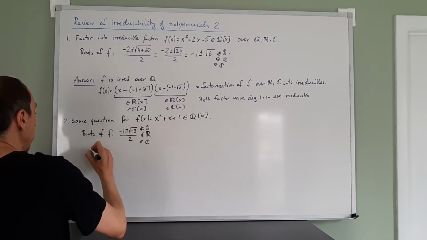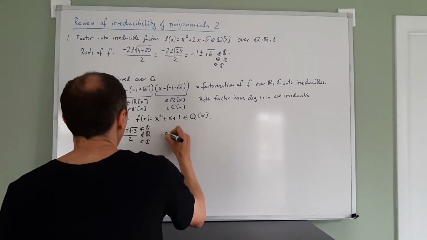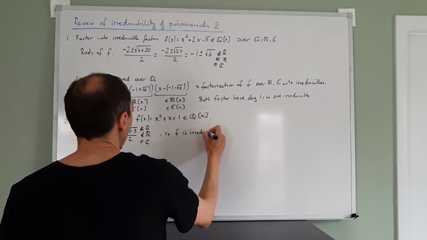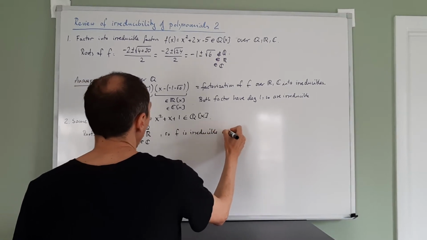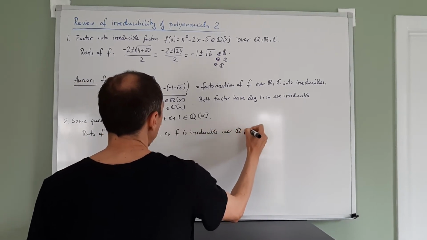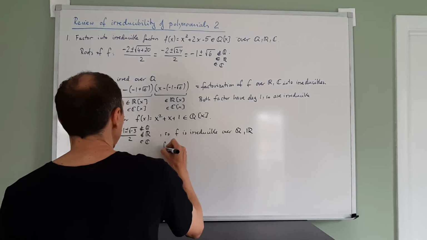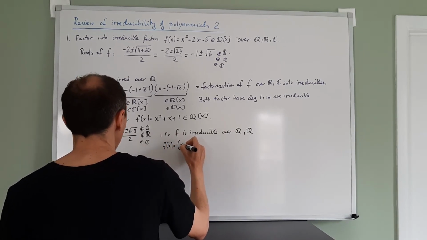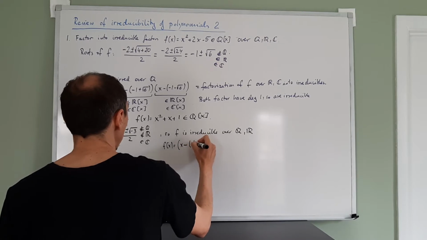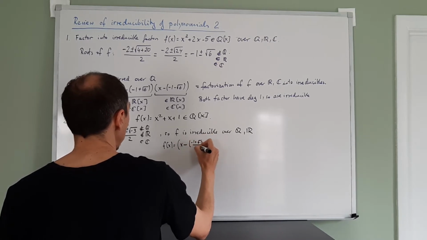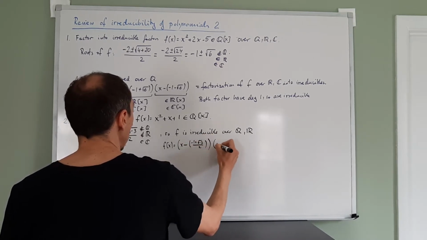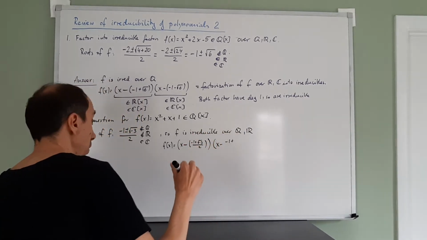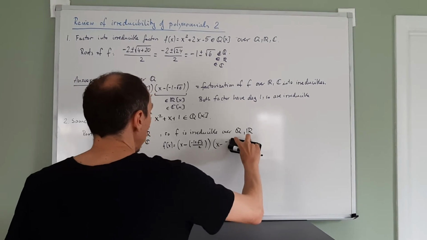So I get that f is irreducible over Q and over R, and f factors as x minus (-1 plus radical -3)/2 times x minus (-1 minus radical -3)/2.